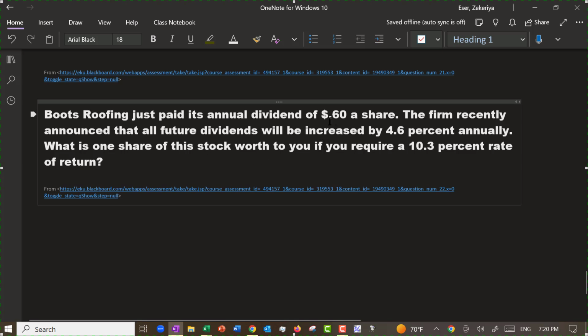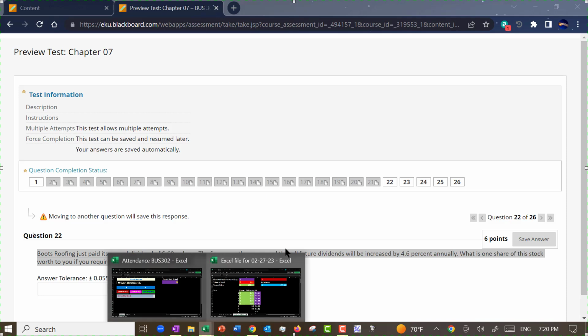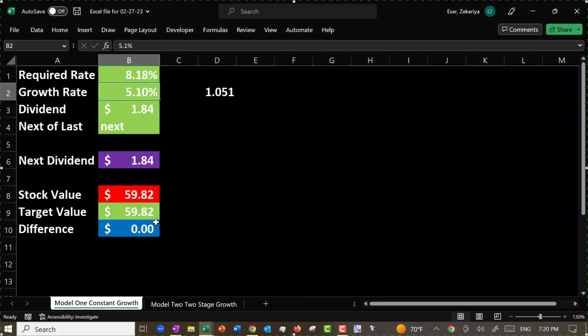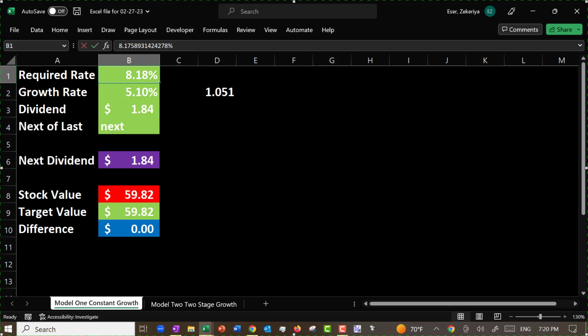This is just a constant growth rate problem. So required rate of return, 10.3. Growth rate, 4.6. Dividend, 60 cents.